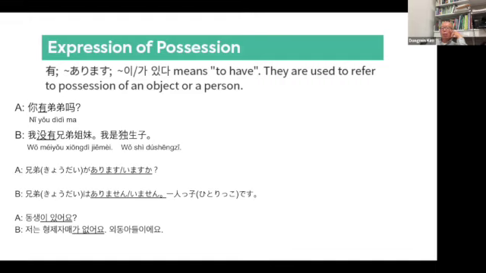Here, as you may see, 형제, 자매, 제 and 매 are vowel endings, so use 가. But as you may see here, 동생, the ㅇ is a consonant ending, so choose 이 for the possession expression.